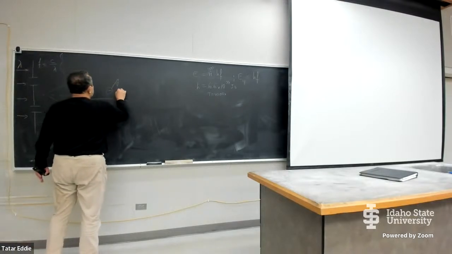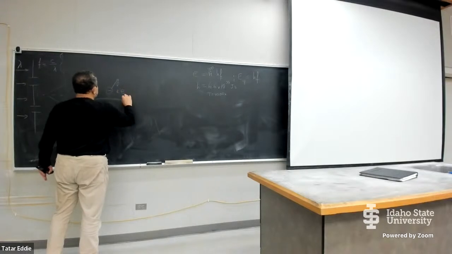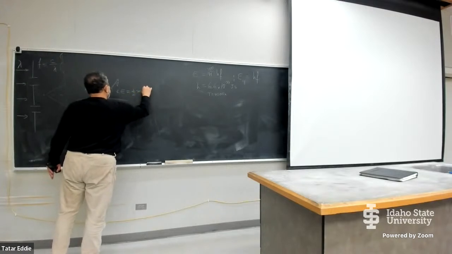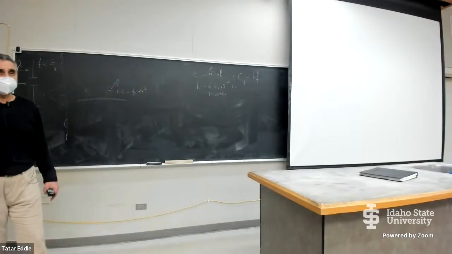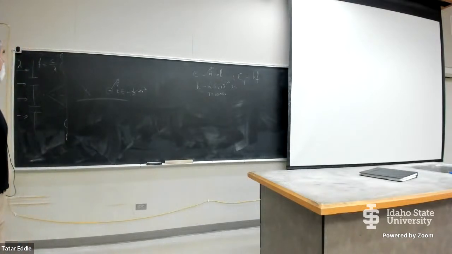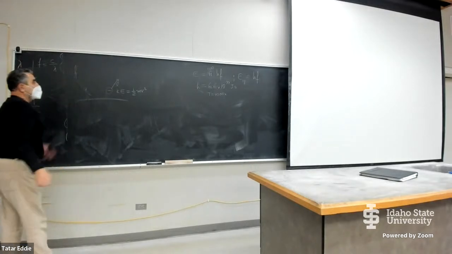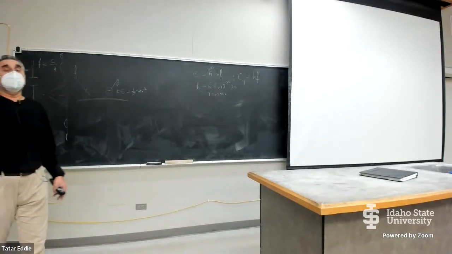In other words, they carry kinetic energy, 1/2 m v squared, where m is the mass of the electron, non-relativistic. So if the incoming light has frequency f, you observe this emission of the electrons.